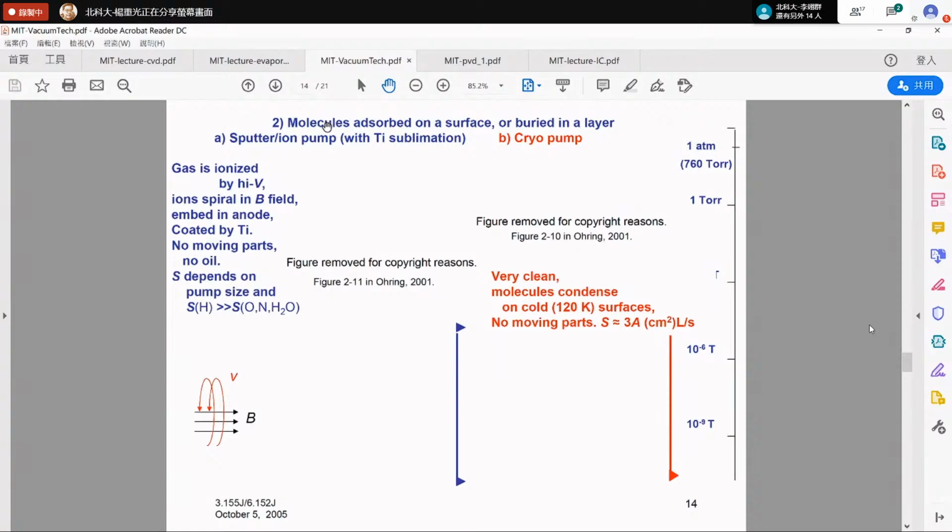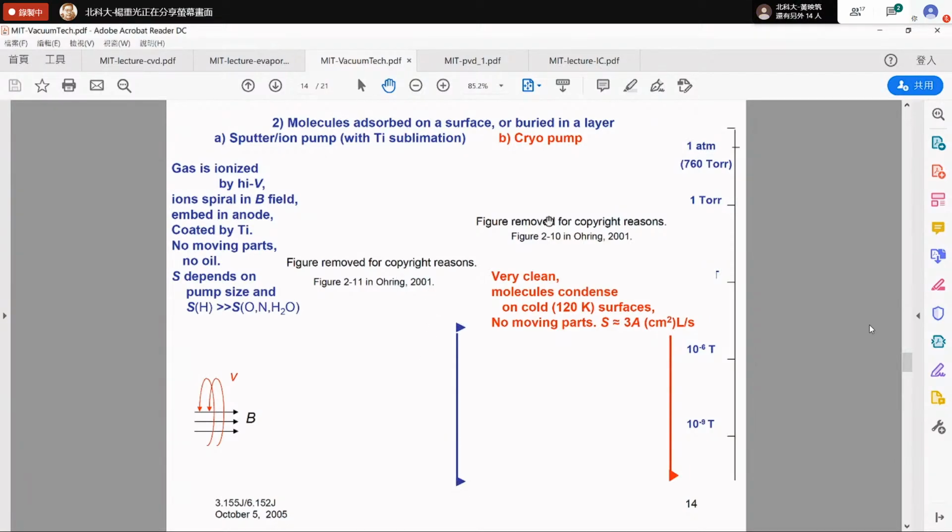The other type of vacuum pump is where molecules adsorb on a surface, like an ion pump with titanium sublimation, or a cryopump. The cryopump can operate from 10 to the minus 6 torr to 10 to the minus 9 torr, and the ion pump can also do a pretty good job in this range.